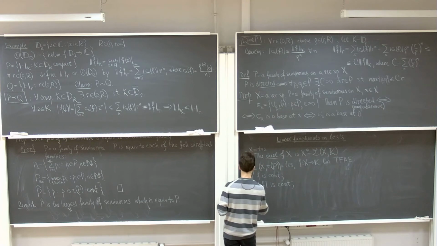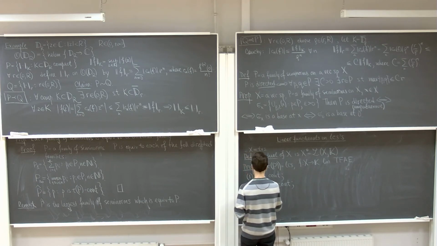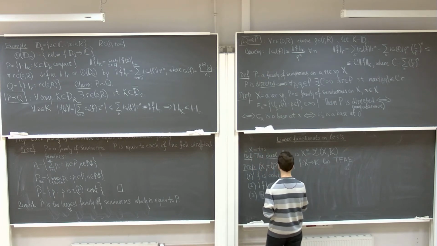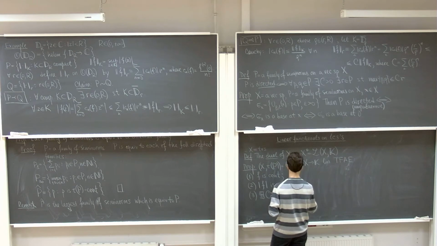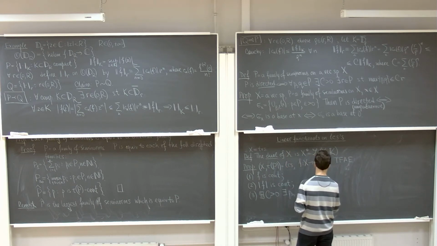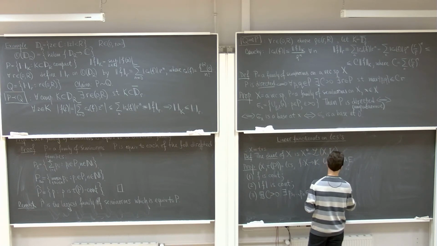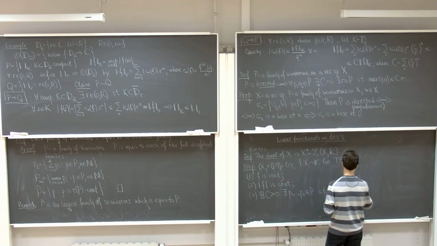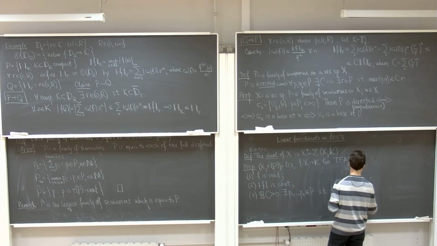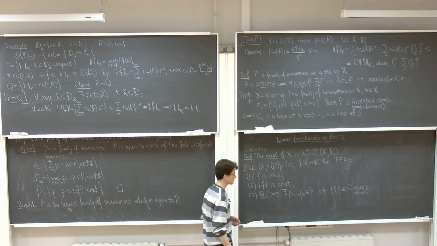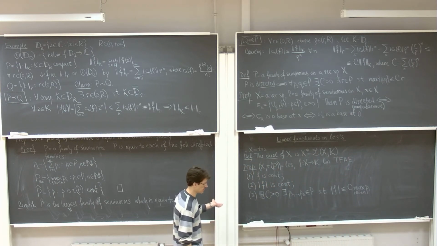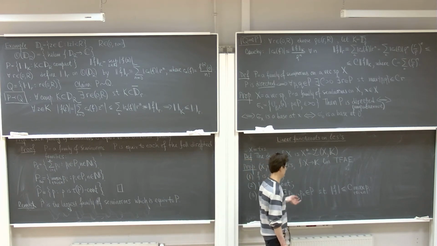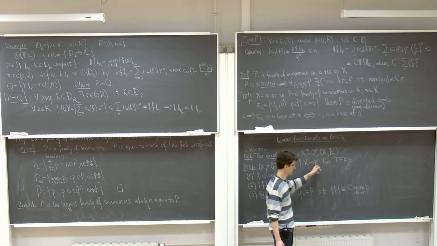And condition 3, there exists a positive constant C, and there exist finitely many seminorms from P such that the following inequality holds. Also, this is just a special case of our continuity criterion for linear operators. So instead of an arbitrary locally convex space Y here, we just take the base field, and we get this.